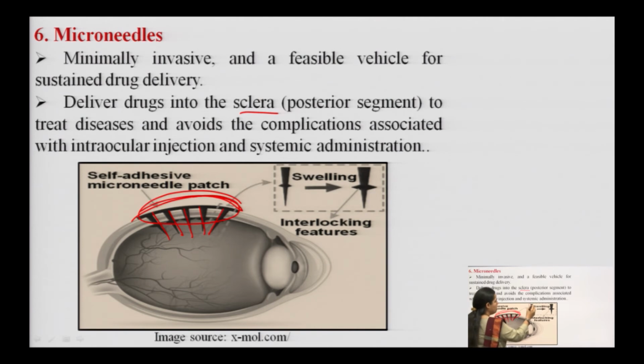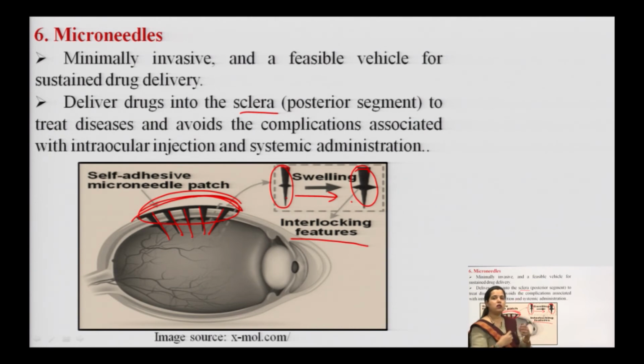Now, you see these are considered as microneedles. So, after inserting into the required eye region, the swelling can now be seen. So, it will make the needle swell, and after that the interlocking features.